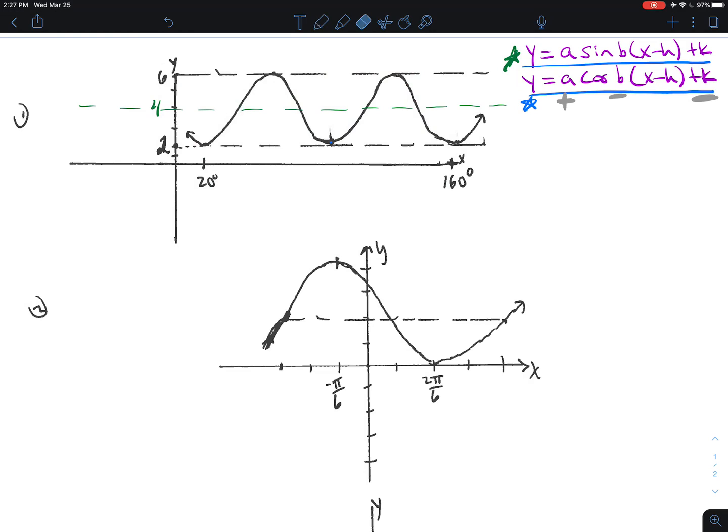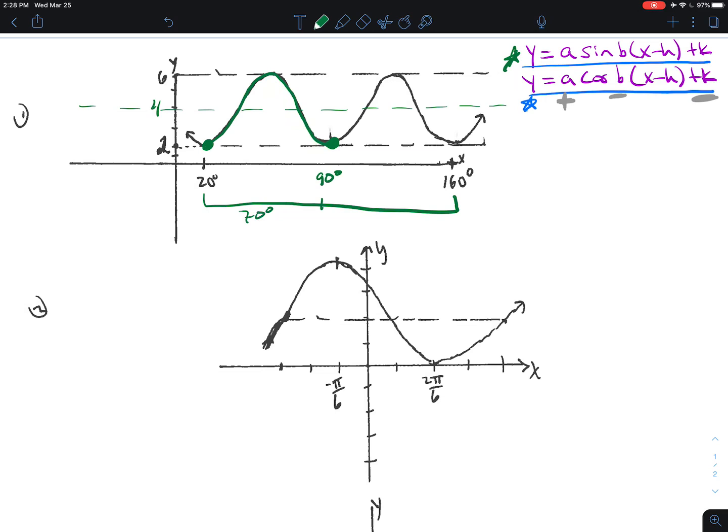Now, given the information that I have, given the option, I'm probably going to go with a negative cosine curve. I know that this starting point here is at 20, and from there, I'm going to end right there. It looks as though I can fit two of these curves over the course of 20 to 160. So half of that would mean that's got to be 90 degrees.